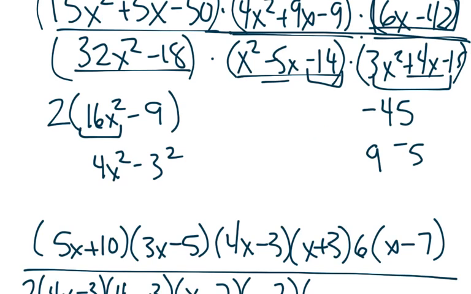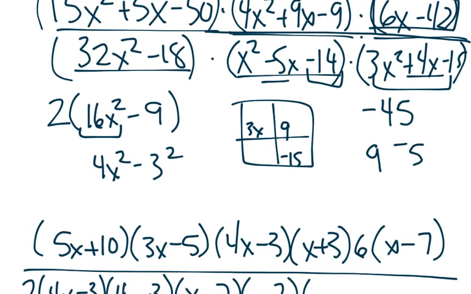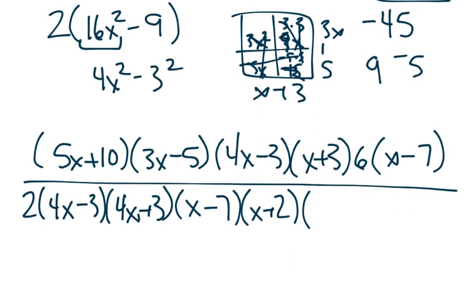So make our box, negative 15, 3x, 9, 3x squared, 9x, and negative 5x. So that's 3 times 3, and that's negative 5 times 3. So positive 3, negative 5, positive 3x, and an x. So we get 3x minus 5 times x plus 3.